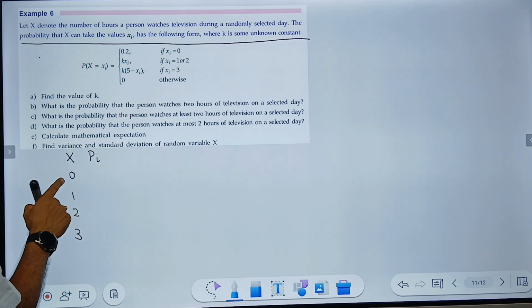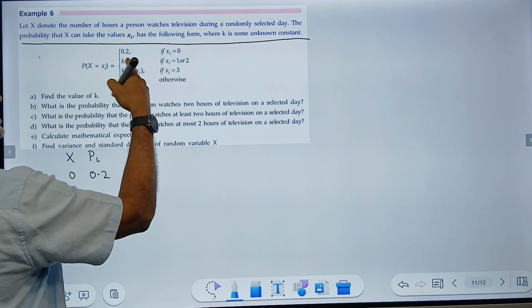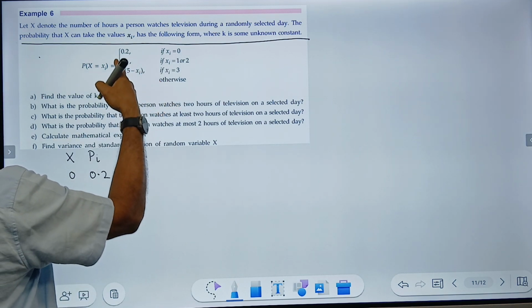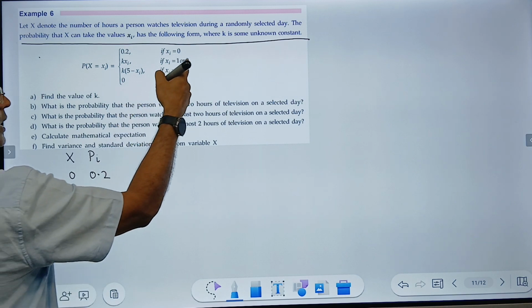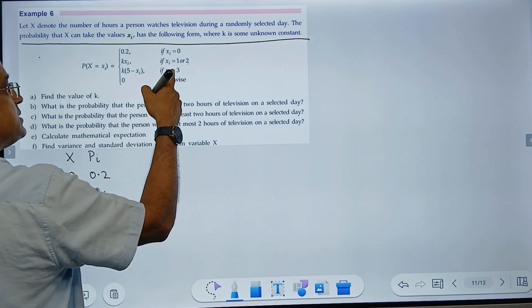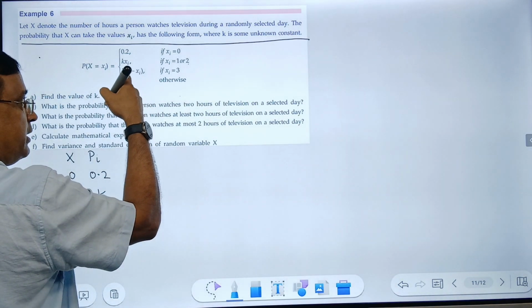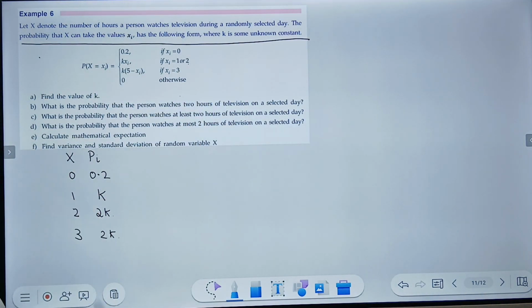When xi is 0, probability is 0.2. When xi is 1, it will be k. When xi is 2, it will be 2k. When xi is 3, 5 minus 3 is 2, so this is also 2k.